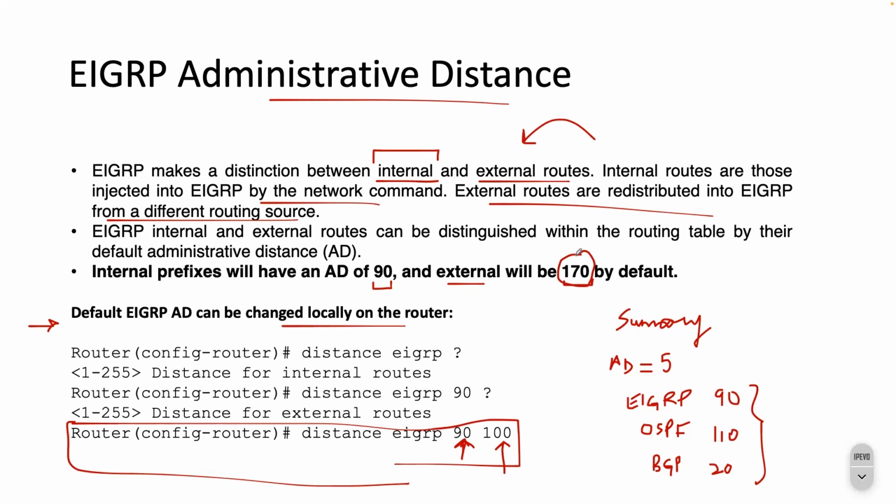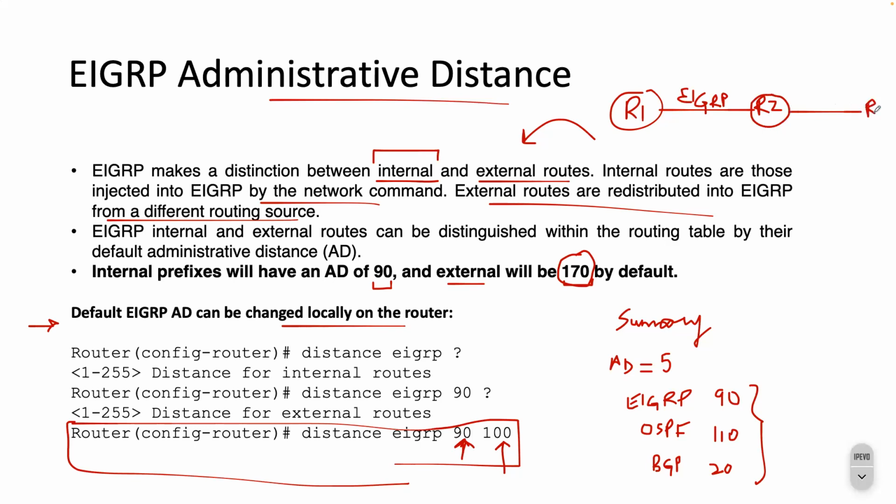Even if the other side is also running EIGRP. Still, no, not the other side. Let's say this is R1, and they are connected via EIGRP over here. But R2, let's say, is acting as your border router.